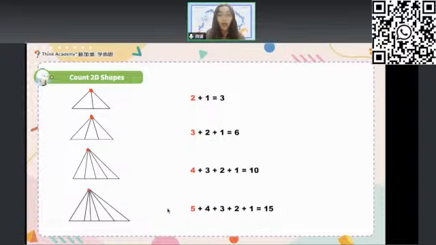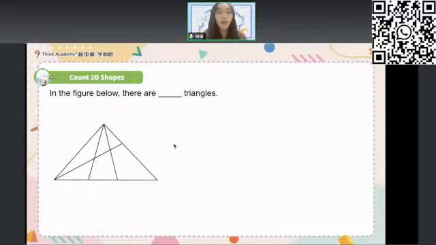Okay, so now following this, let's move on. In the figure below, how many triangles are there? I think maybe you can have a try first. I give you 20 seconds. Yeah, you can just have a try first.